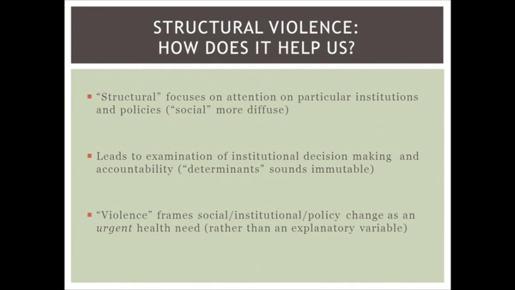The second is that violence kind of holds us accountable. Determinants may sound a little bit immutable. You know, these are determined, there's not much we can do. Whereas if violence is involved, then this is my third point. First of all, it's very urgent. It calls us in. People are dying, people are really suffering as a result of it, so it's an urgent need. And it's an action that we can intervene on.